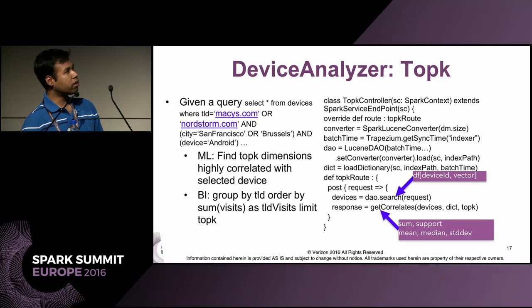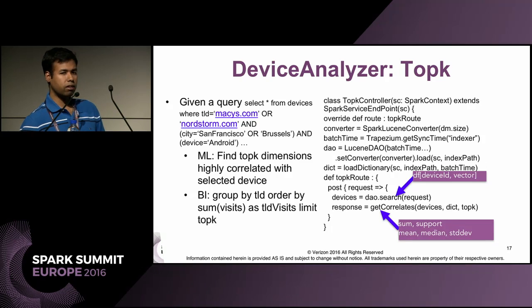Now this is what a top K controller written with Trapezium looks like. As you can see, there is a Spark context. We are making use of Spark as a service in this, and it extends a Spark service endpoint that Trapezium has provided you. Now you define the route. This route is an Akka HTTP route, and the logic for your route is very simple.